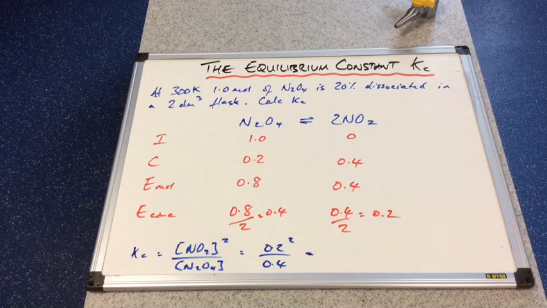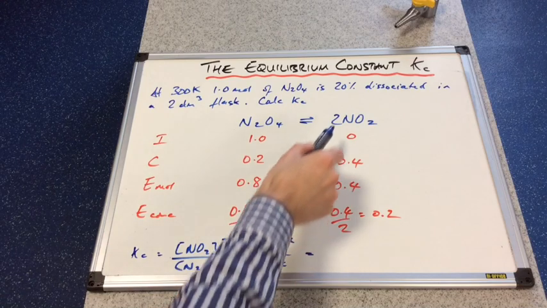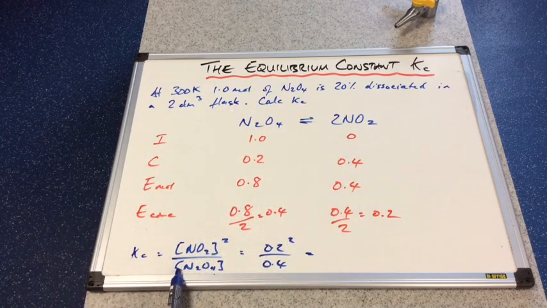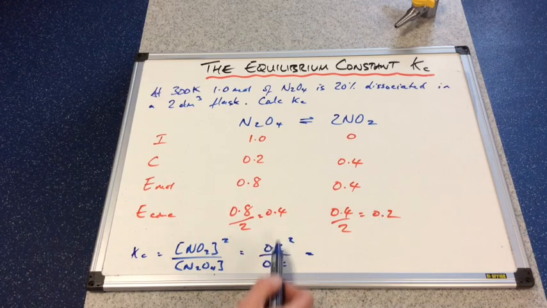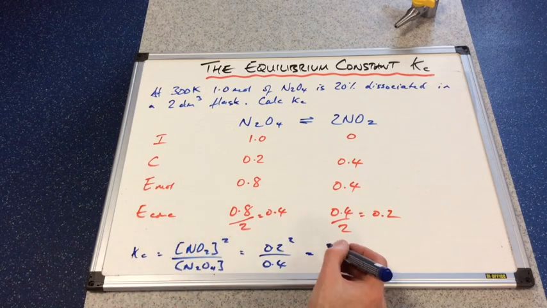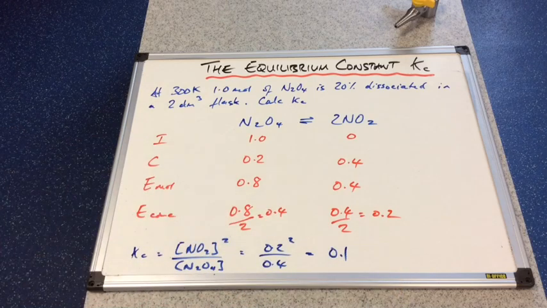The Kc expression for this equilibrium is the concentration at equilibrium of NO2 squared, because of that 2 there, divided by the equilibrium concentration of N2O4. So it'll be 0.2 squared over 0.4, and that comes out at 0.1. Let's look at the units now.